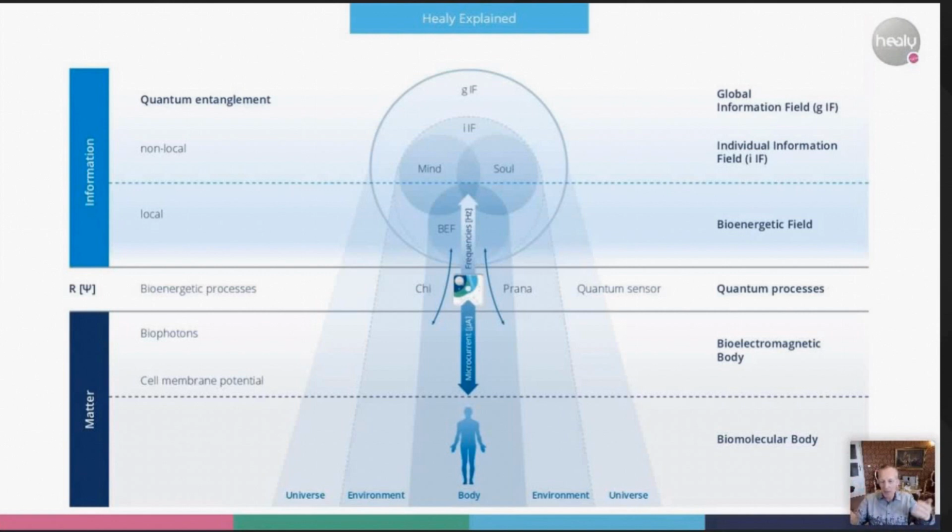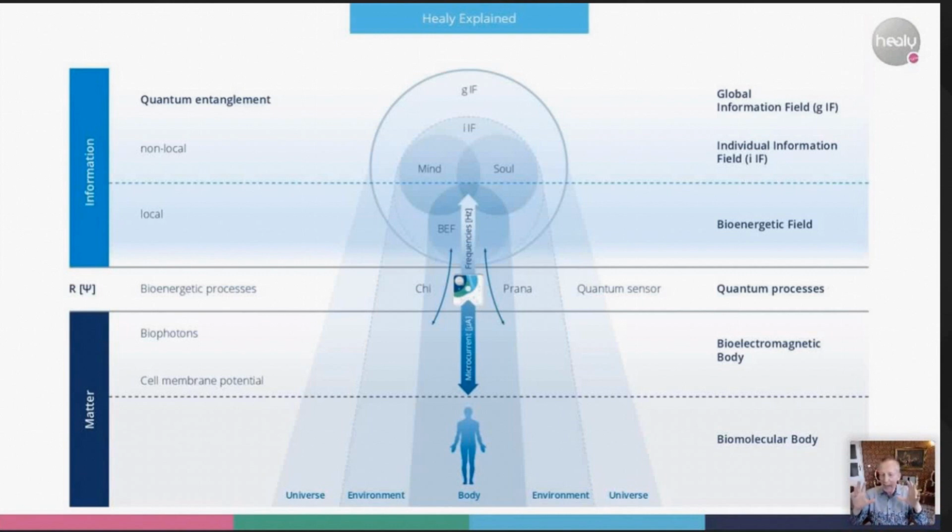Information can manifest as matter, and matter can be explained as information. Actually, that's a very, very important lesson of quantum physics, that matter on its deepest level is information, and information through energy transforms constantly into matter.